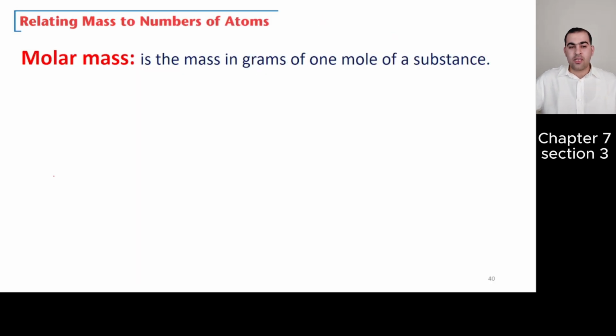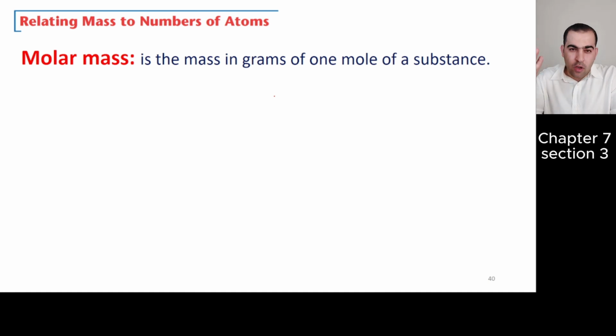Molar mass, relating mass to number of atoms. Molar mass is also important. It is the mass in grams of 1 mole of a substance. If you have 1 mole of any substance, 1 mole of hydrogen, 1 mole of water, 1 mole of table salt.